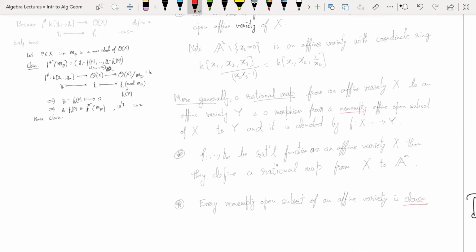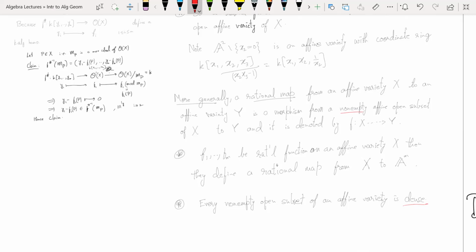So what you get is you have removed a proper closed subset of x, so you get a non-empty open subset of x, and on that, f1 to fm do define a morphism.